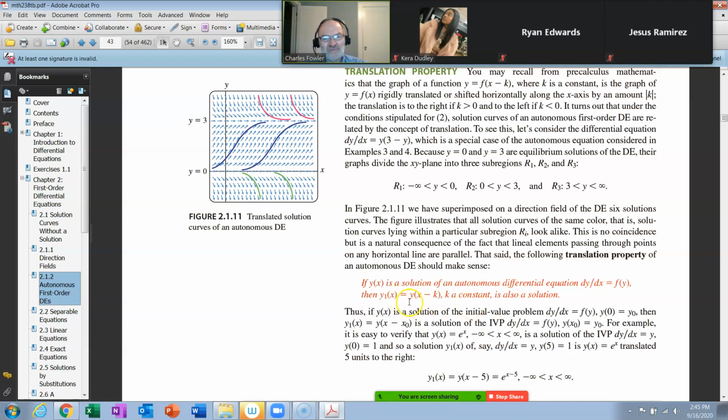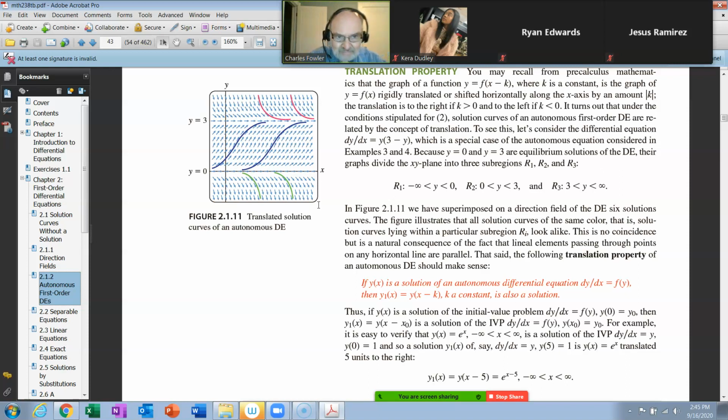I was going to say that makes no sense. y of x minus k is also a solution. So here your solution curves would be here. Now, if you didn't have an initial value, you don't know which curve you're on, so here's your family of curves. The blue curves in between these two, red curves above y equals 3, the green curves down here. And notice they're all parallel to each other. That's what it's trying to illustrate.